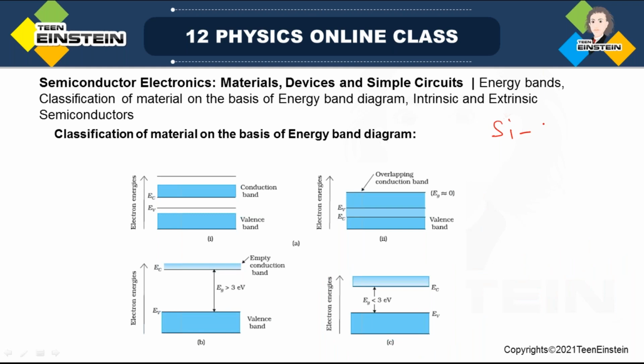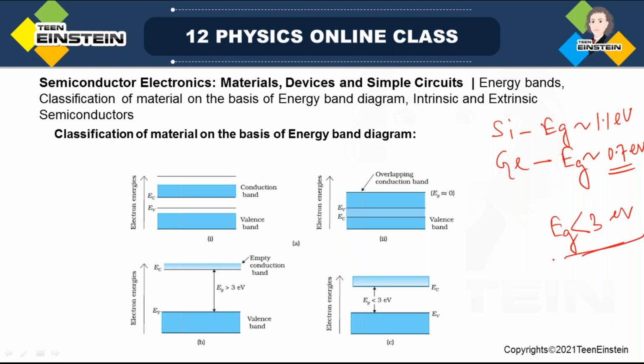In case of silicon, Eg is almost 1.1 electron volt, and for germanium it is even less, nearly 0.7 electron volt. It has very small band gap. So at least we can say that if the band gap Eg is less than 3 electron volt, then those materials are called semiconductors.